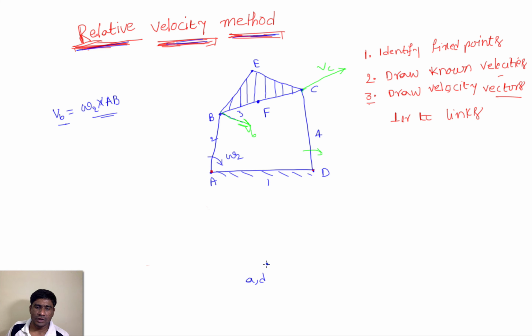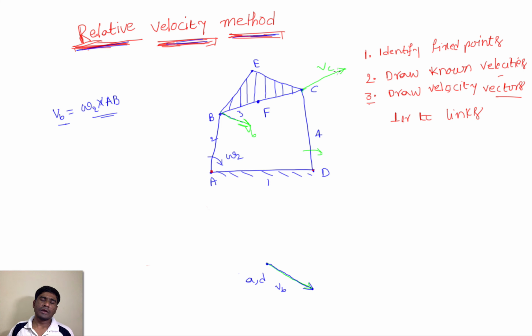So first I will draw Vb. I know its magnitude also. Vb means velocity of B with respect to point A. But anyway, points A and D are fixed, so I am not mentioning that here.